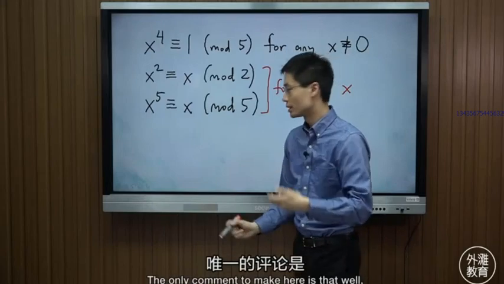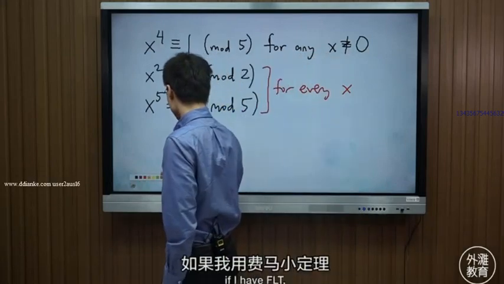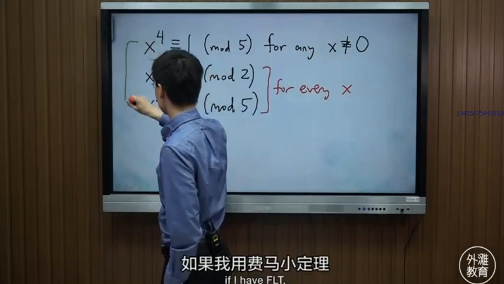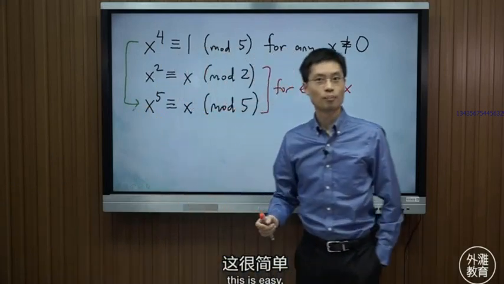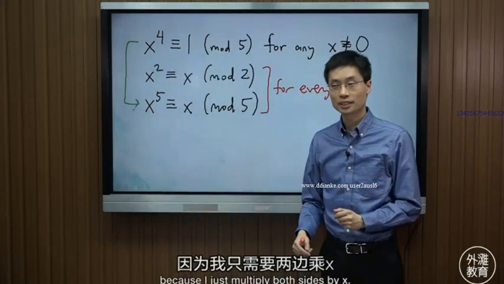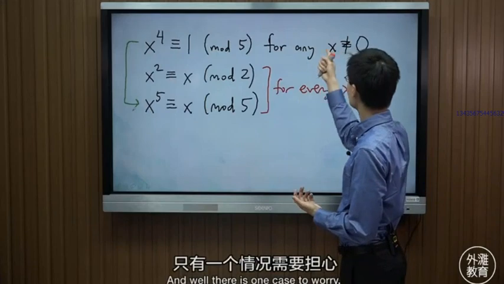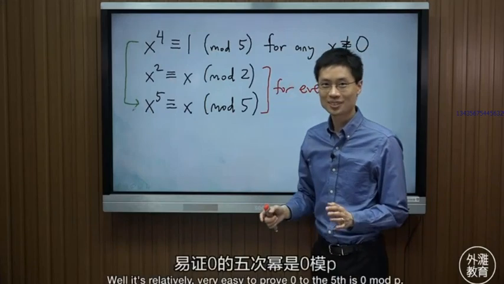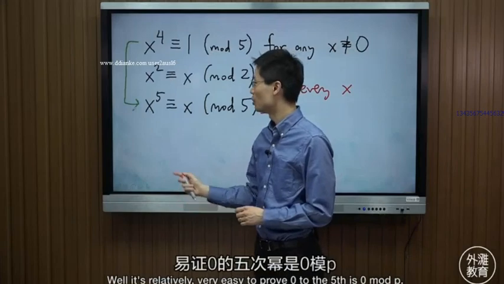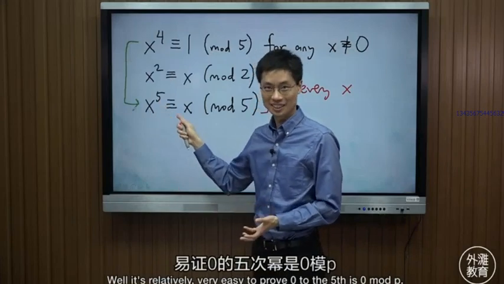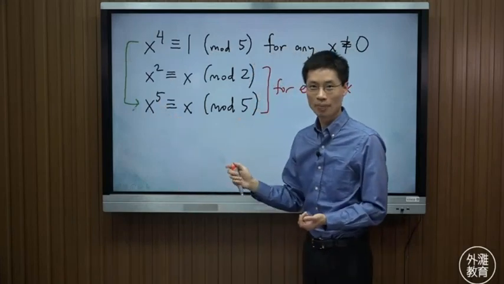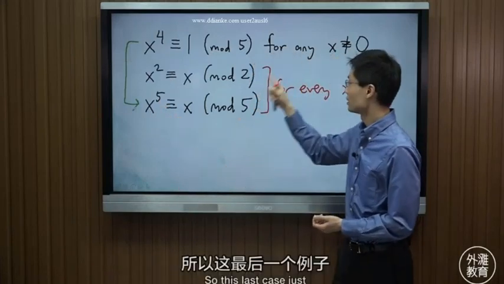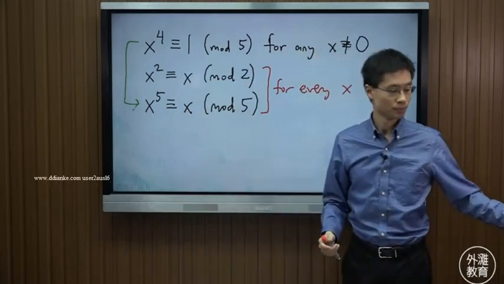The only comment to make here is that, well, if I have Fermat's little theorem, this is easy, because I just multiply both sides by x. And, well, there's one case to worry. What if x is 0? Well, it's very easy to prove 0 to the 5th is 0 mod p. So this last case just takes care of the 0 for you.